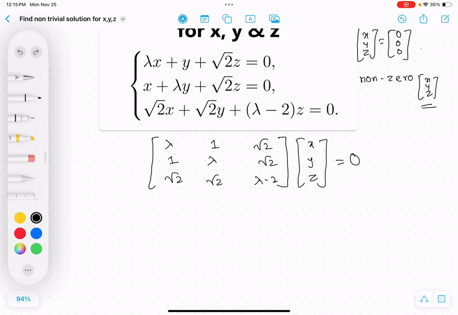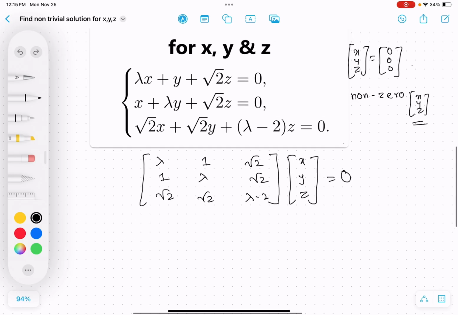But in matrices, there are also cases where even when both matrices are non-zero, their product can be 0. That gives us some hope that there exists some non-zero x, y, z for which the product will be 0, and we want to find them.